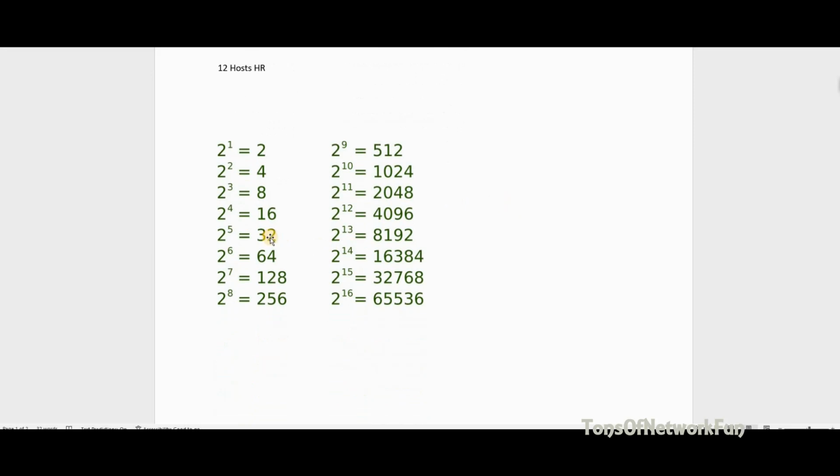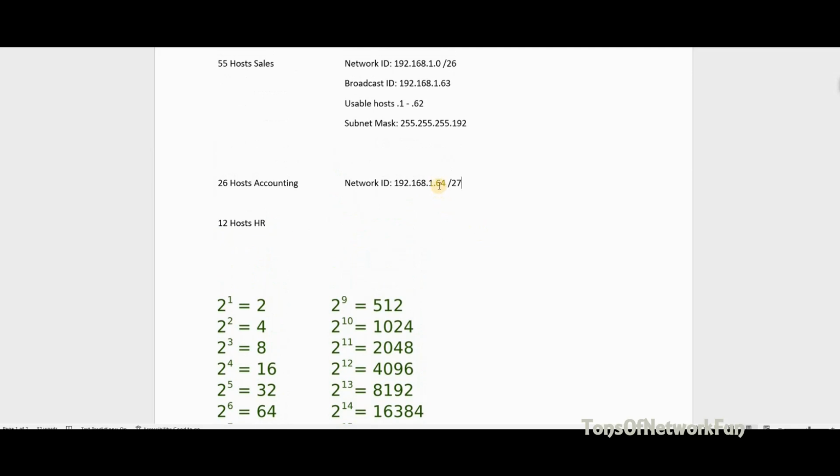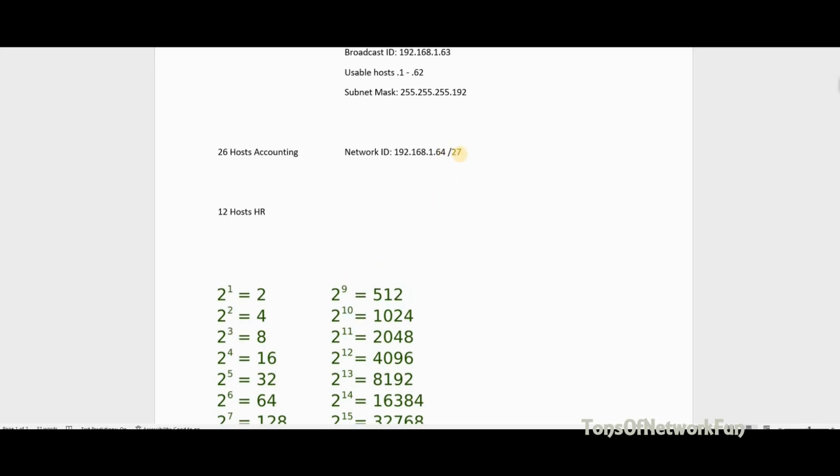Now the broadcast ID. So 32 is our increment, but we cannot use the entire 32. We need to minus 1, which is 31, right? Which means we are at 64. 64 plus 32 is 96, minus 1 is 95. Or you can just straight away add 64 plus 31, which is 95. So that is our broadcast ID, 192.168.1.95.